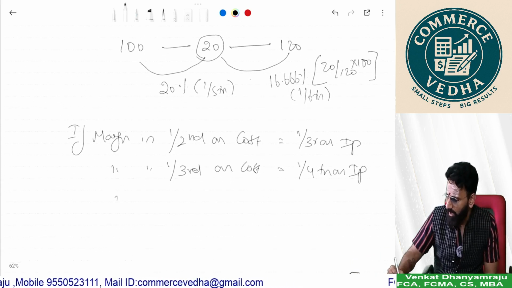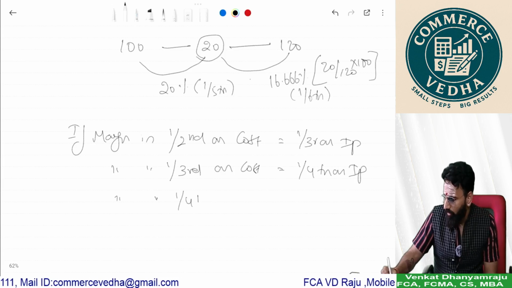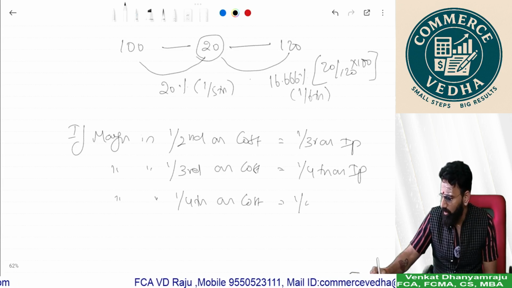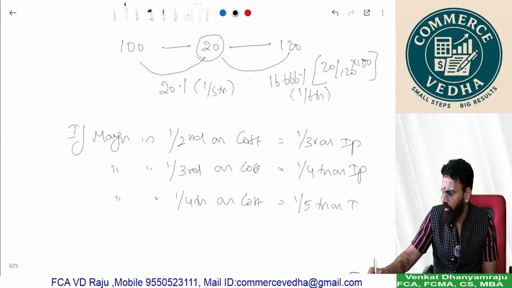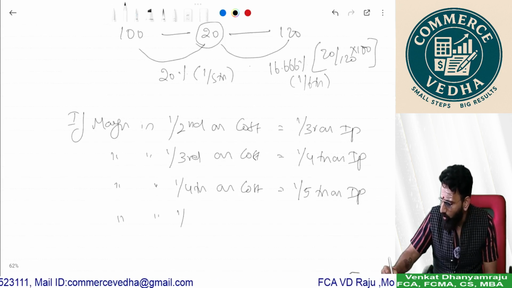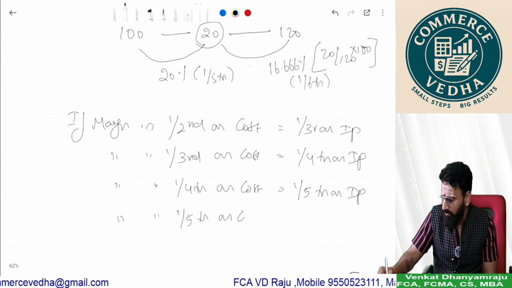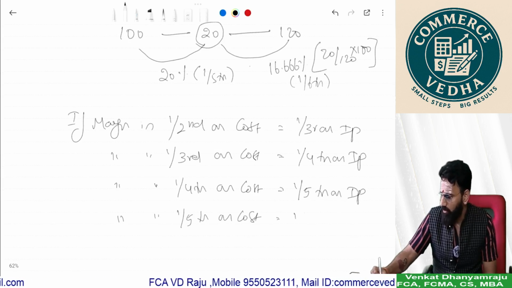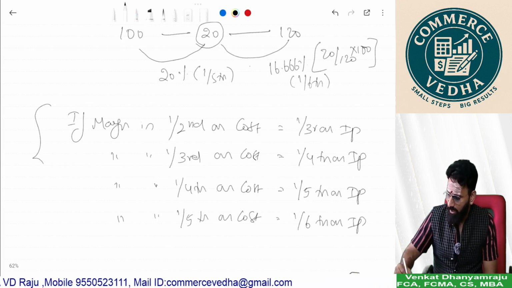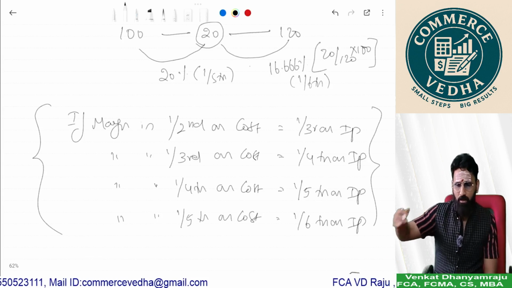If margin is 1/4 on cost, it is equal to 1/5 on invoice price. And if margin is 1/5 on cost, it is equal to 1/6 on invoice price. It will go as long as you go.